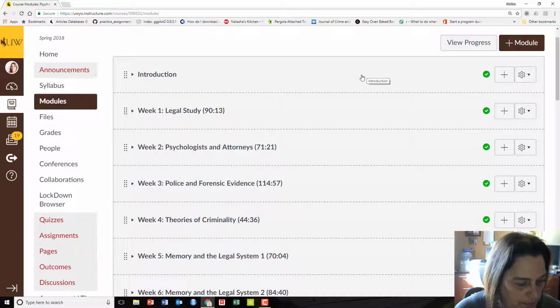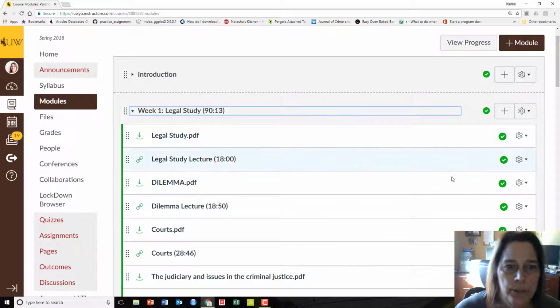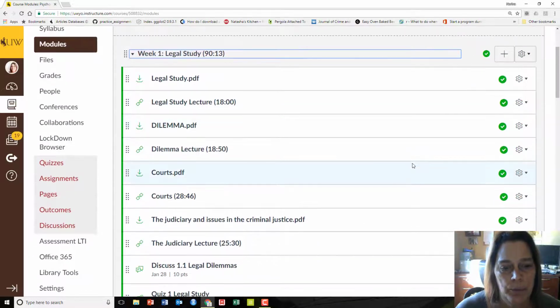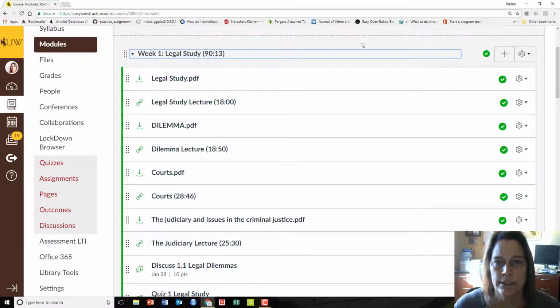First of all, during the week, if you look at this, week number 1, you can see up here it says 90 minutes and 13 seconds. That's about right. What that indicates is the amount of lecture time that is in that particular week.